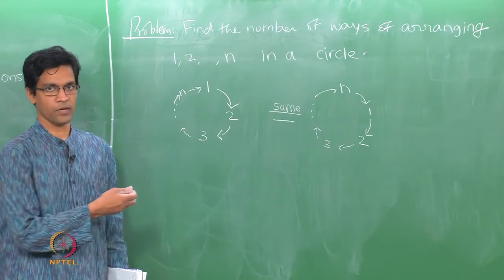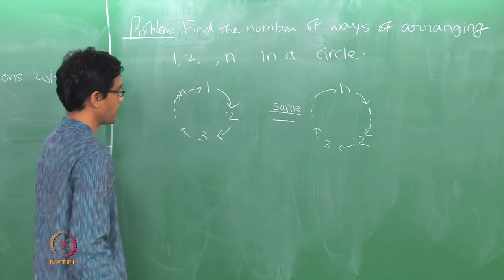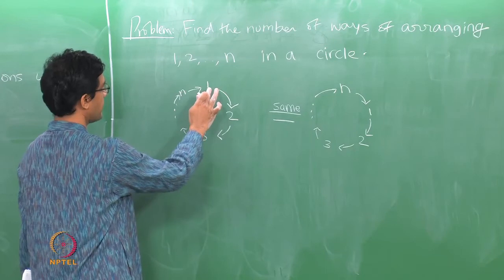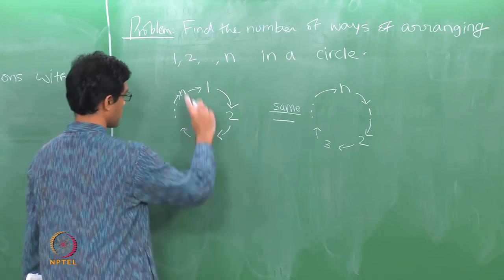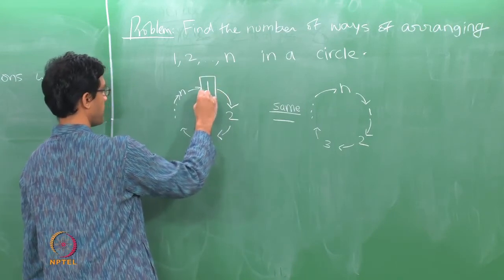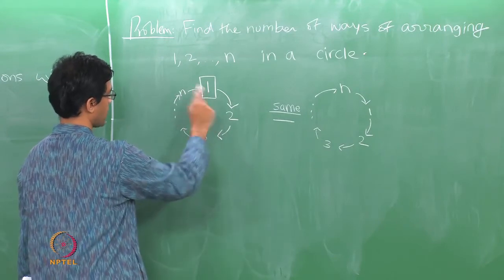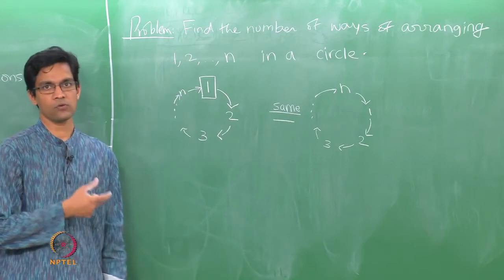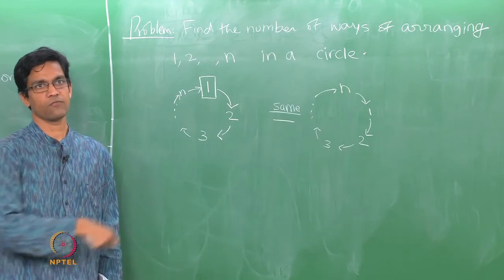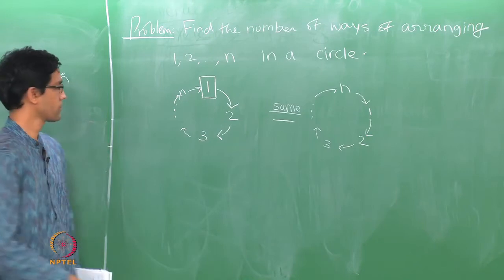So how do we count this number? The key idea is, since we don't really mind rotating all of them by some unit, here's what we will do. We will fix once and for all somebody at the head of the table. So when you have a circular table like this, think of the head of the table, this position, as being fixed, because I can always assume that the number 1 occurs at the head of the table. And why could I do this? Because since I don't care about rotating them all, if 1 isn't at the head I would rotate it sufficiently so as to bring 1 to the head of the table. Okay.